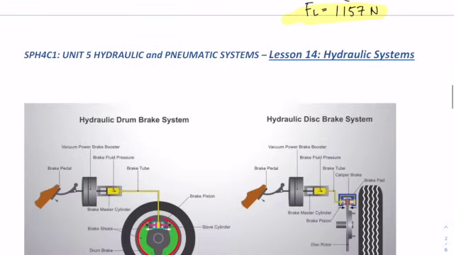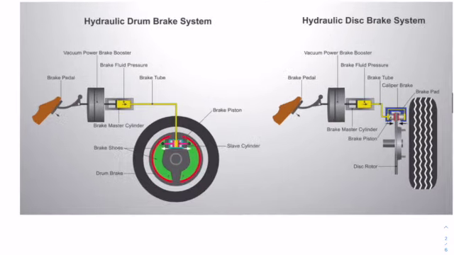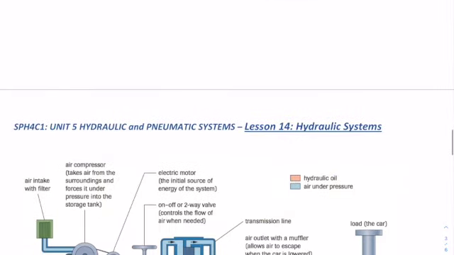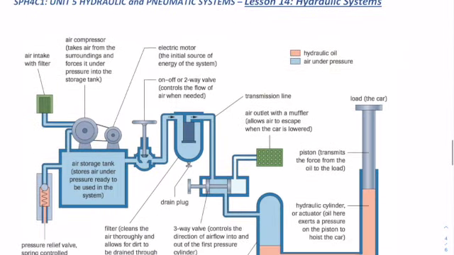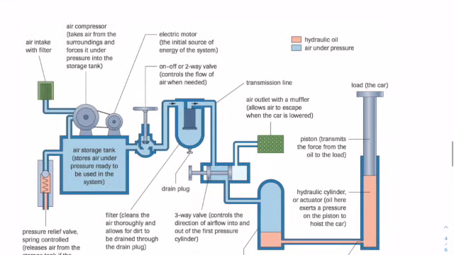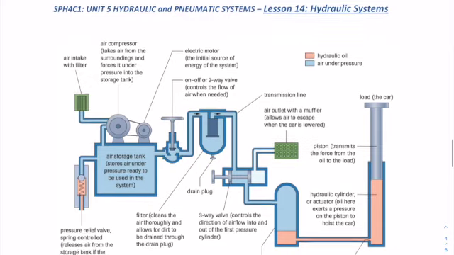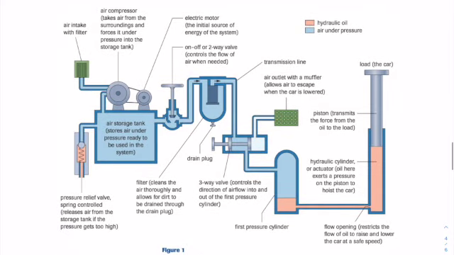Below we have a diagram of how these brake systems work, and you can see the small piston and the large piston, the slave cylinder and the master cylinder. Here we also have, and this diagram came from our reference textbook, a car hoist, and it's a hydraulic system, a closed system that has liquid inside.